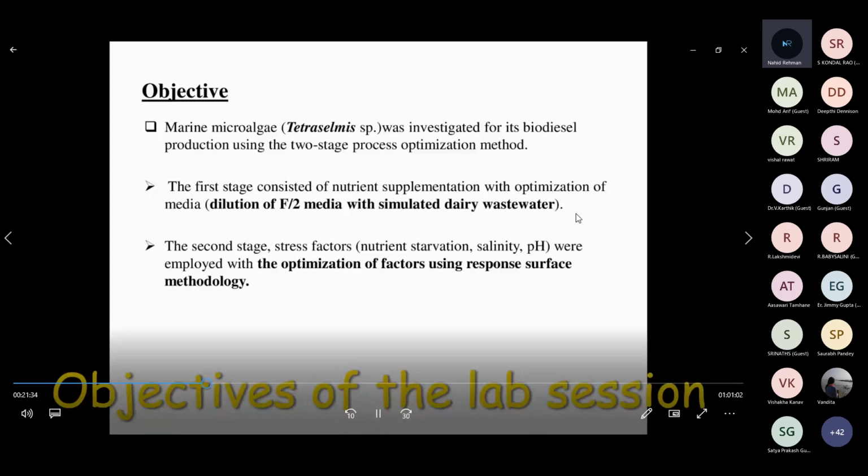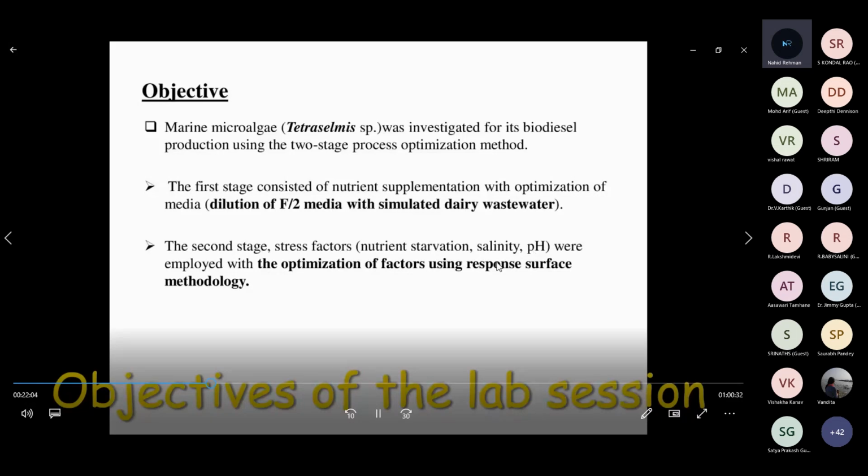It's just like cheese whey, which is collected from the different places where milk is processed for making cheese. And in the second stage, different stress factors, which are nutrient starvation, salinity and pH.